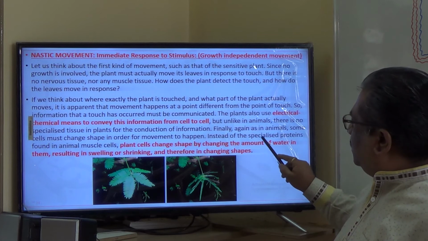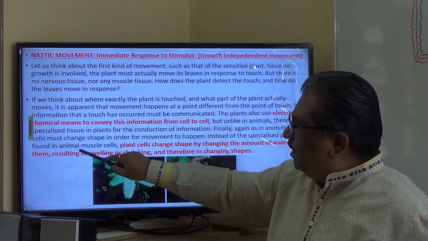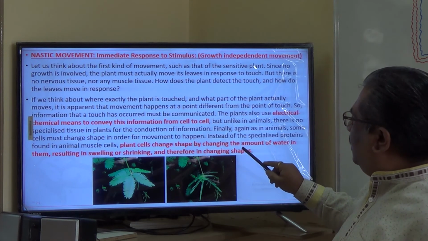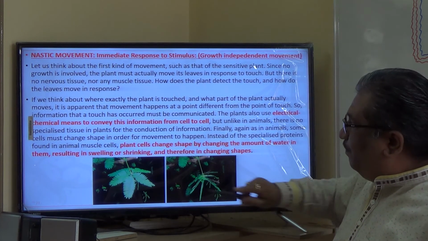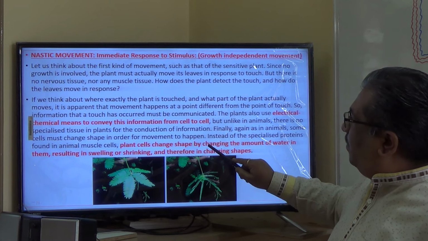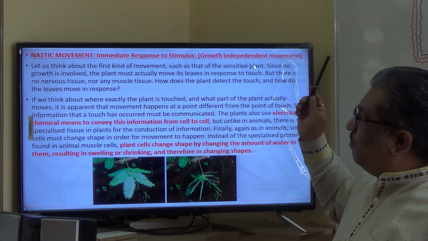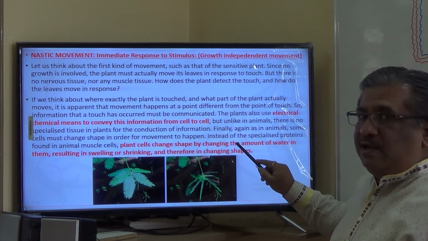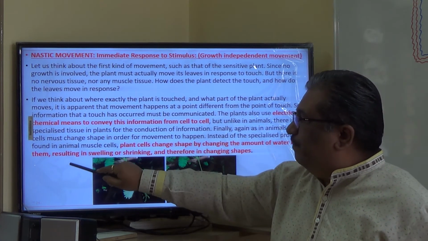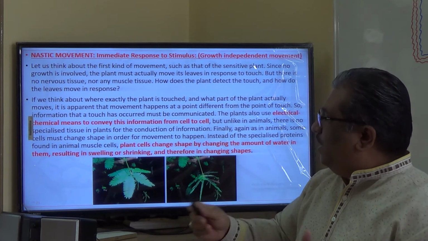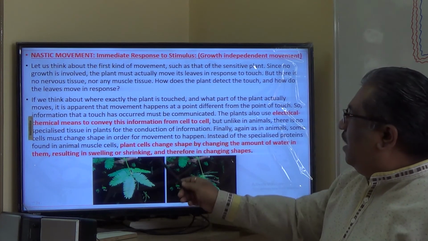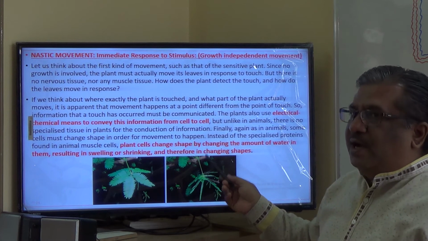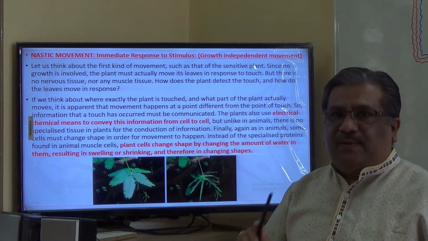But instead of specialized proteins found in animal muscle cells, plant cells change shape by changing the amount of water in them, resulting in swelling or shrinking, and therefore causing the change in shape and causing the movements in leaves.